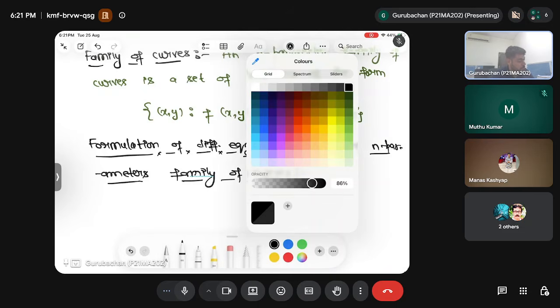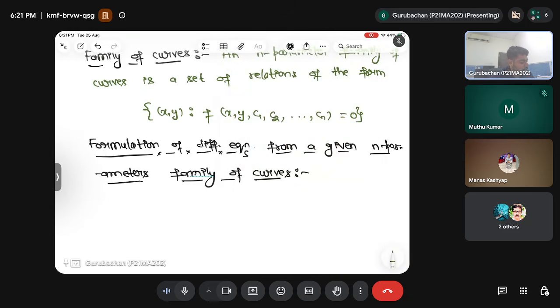Obviously we know that our family depends on n arbitrary constants or n parameters. So to get the differential equation, we need to eliminate these n parameters from the family of curves.